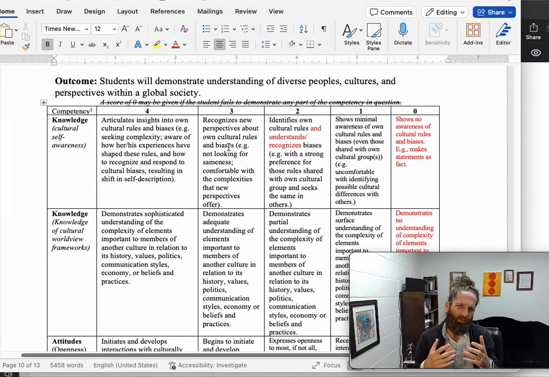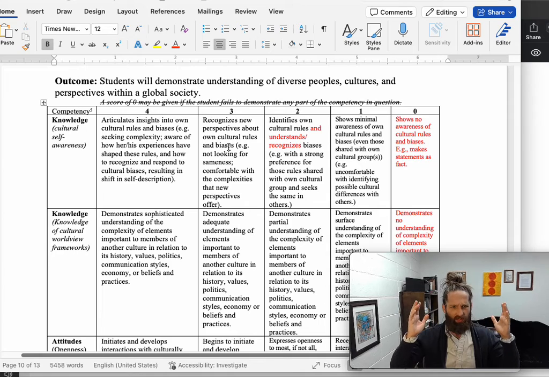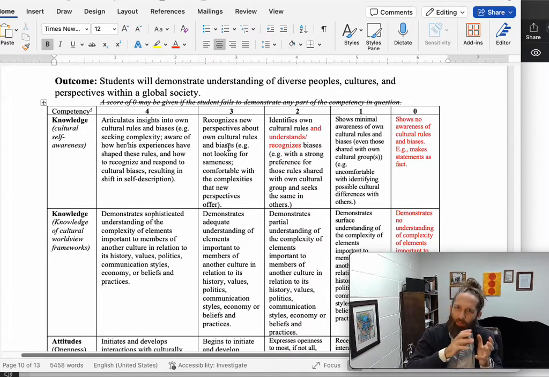You can kind of see those aha moments, and that's something that's really important to me. When I'm assessing this, I want to see that recognition. Like, oh, wait a minute, last night I had this realization that my religion is sort of shaped by where I grew up. That to me may not show up on an assessment, but when it happens, I record that. That to me is pretty significant.